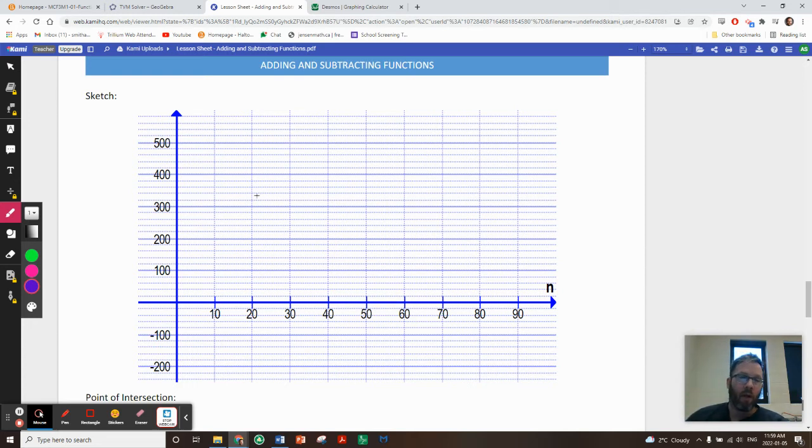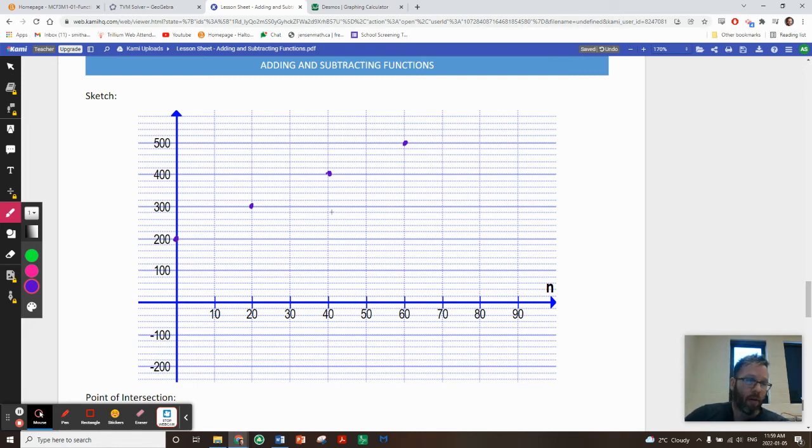No big deal. Okay, so what's our cost function? Our cost function starts at 200, and our cost is $5 per shirt. So 10 shirts, that's $50. 20 shirts is $100. I think that makes a nice, easy point, and I'll make that my guide for drawing this linear function.